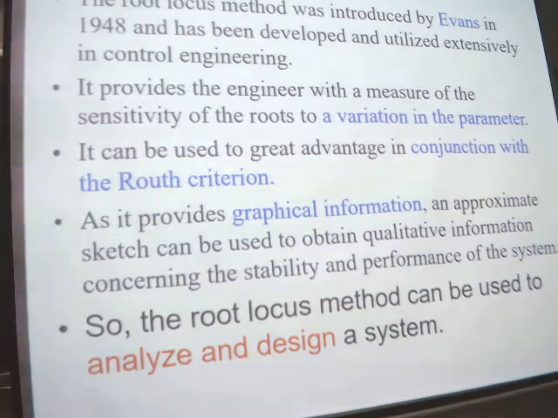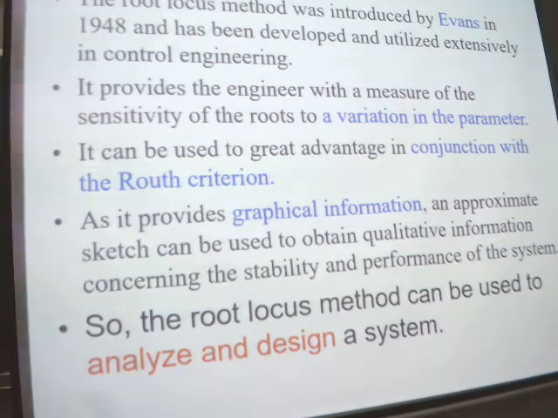The root locus method was introduced by Evans in 1948 and has been developed and utilized extensively in control engineering. So, more than 60 years ago, it was introduced by Evans.